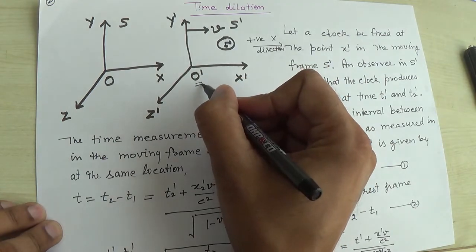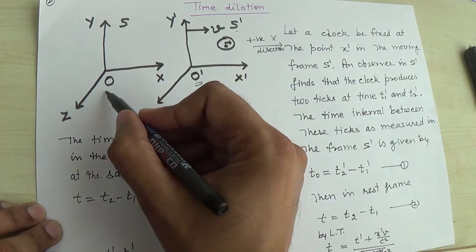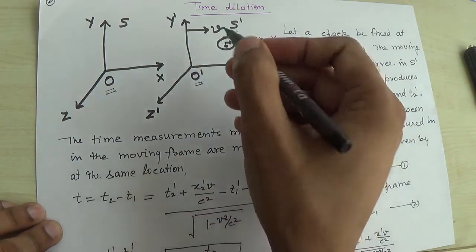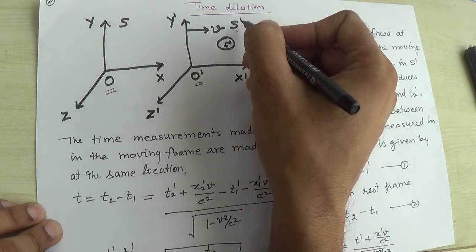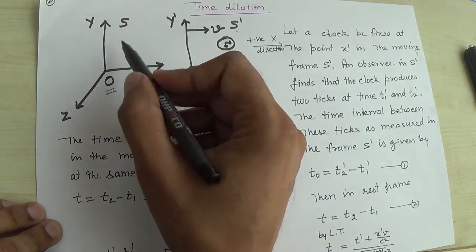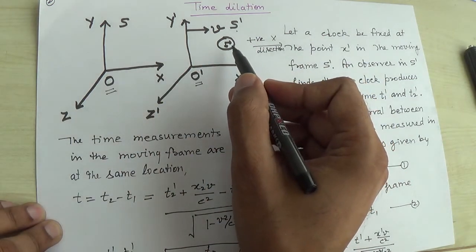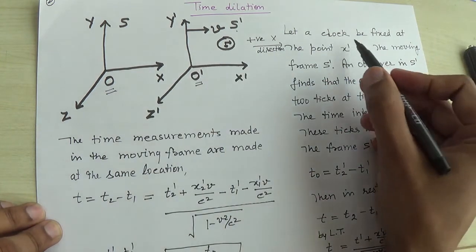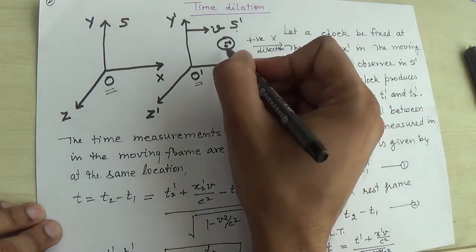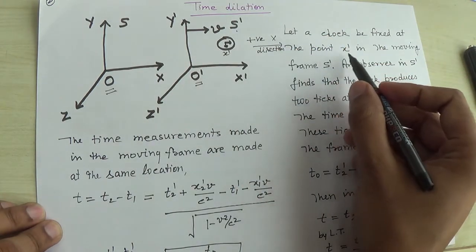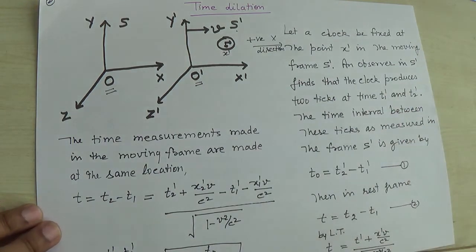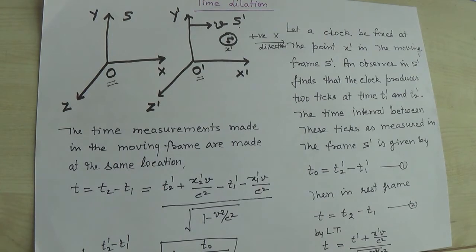O prime is an observer in the S prime frame, and O is the observer in the S frame. x prime, y prime, z prime and t prime are the coordinates in the S prime frame. According to the observer O, the coordinates of any event will be x, y, z and t. Let a clock be fixed at the point x prime in the moving frame S prime. An observer in S prime finds that the clock produces two ticks at times t1 prime and t2 prime.